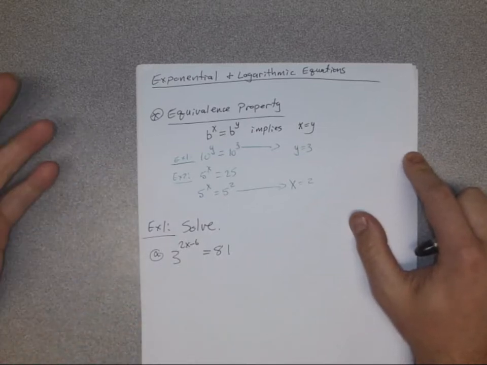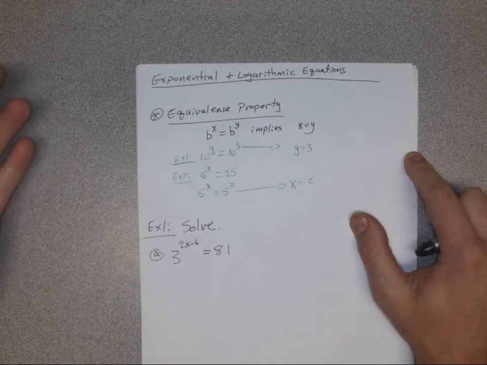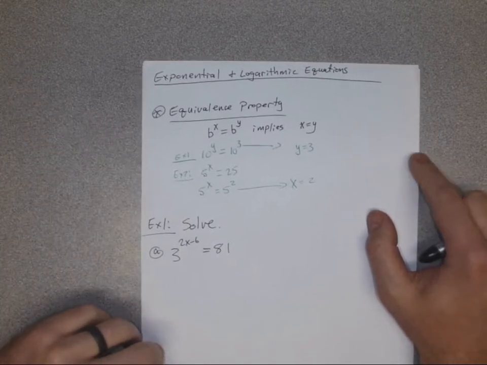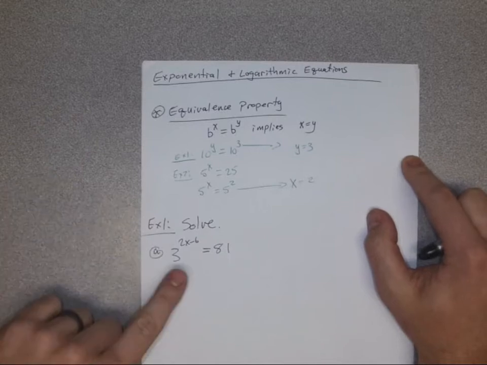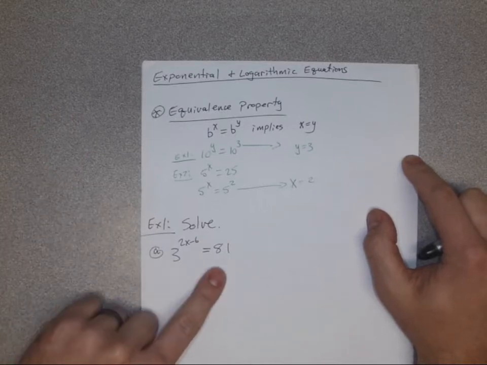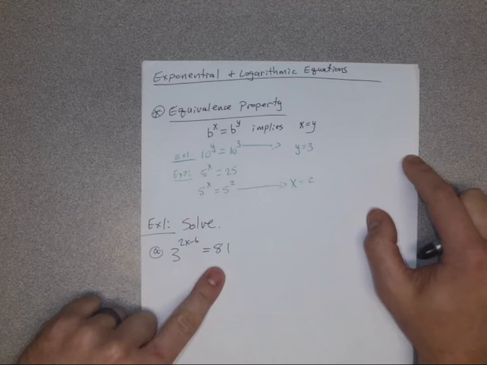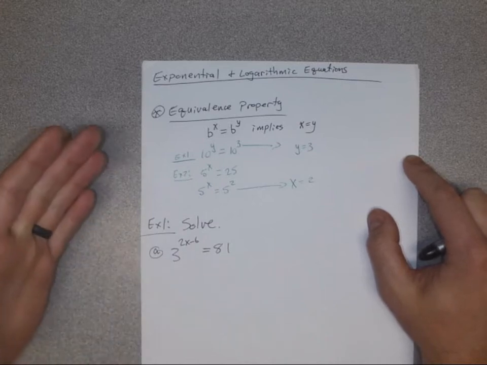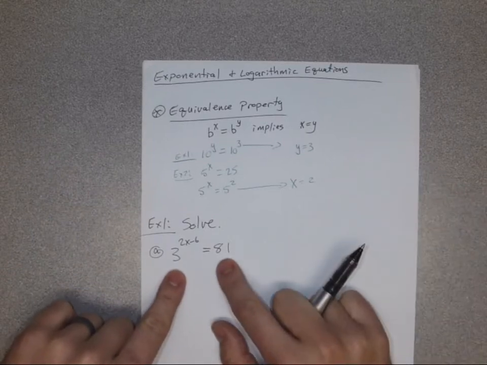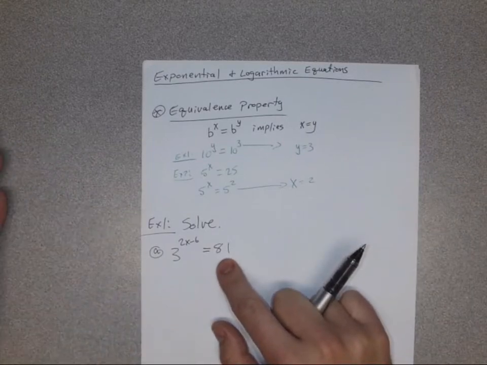Now, realistically, you're only going to see 1 or 2 of these maybe on a test, but it's an important property to know. Here, on the left, my base is 3, and on the right, I have 81. So when you get one of these problems, ask yourself, is there a way I can rewrite the bases so that I make them the same?